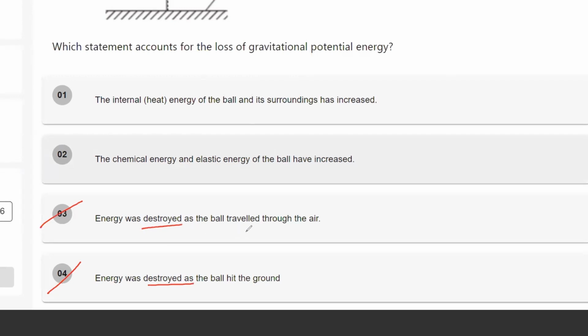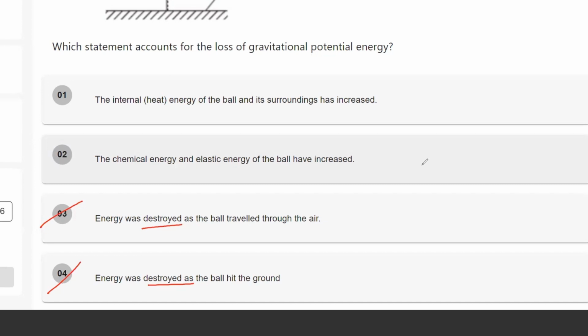Out of 1 and 2, either the internal energy or the heat of the ball and its surroundings has increased, or the chemical energy and the elastic energy of the ball have increased. What can be the correct statement? First thing, the ball would not possess any chemical energy since it's not a food source, nor a fuel source, nor a battery.